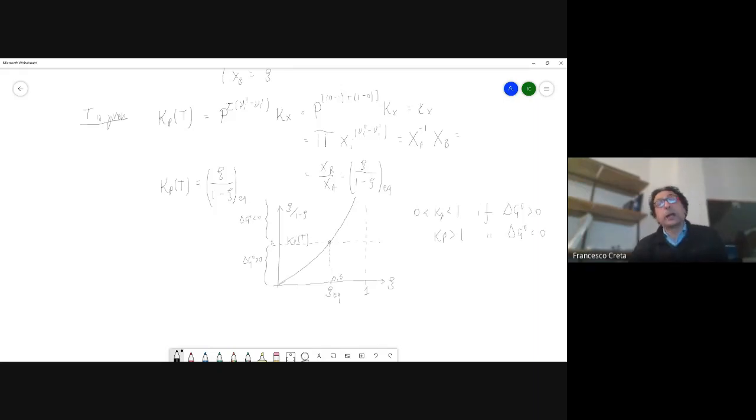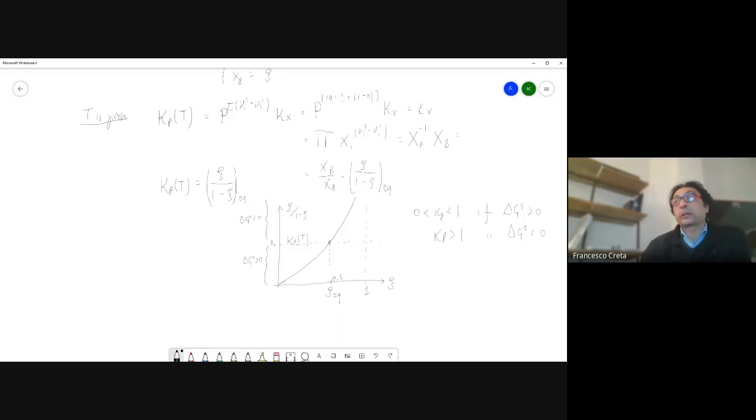So this graphically repeats what we saw the other day. If delta G0 is bigger than 0, the equilibrium will be over here, so it will be between 0 and 0.5. So it will favor the reactants, okay?